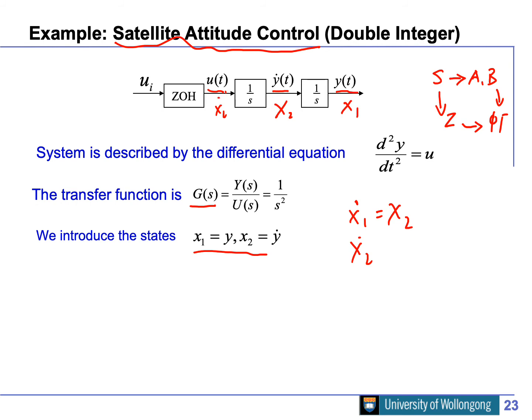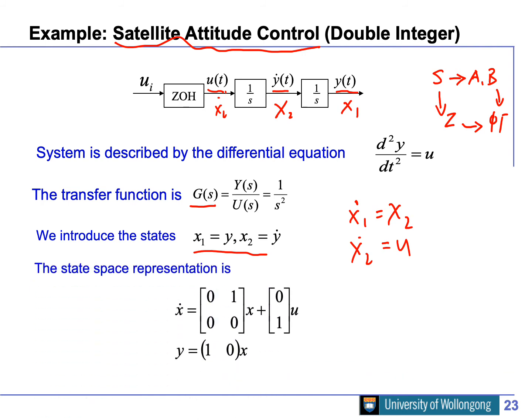So y double dot is equal to u. That's pretty much what the state space equation is. In the matrix form, it's just like that. So x1 dot is the first line, so it's just x2. Then x2 dot is the second row, which is just u. y is basically x1. So that's our state space representation.